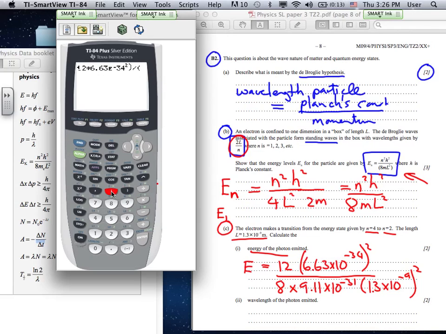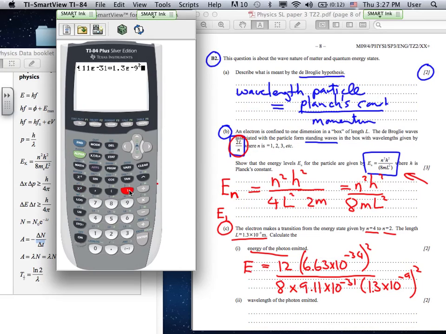So that's going to be 8 times 9.11. Again, I use my exponent button, and I'm going to get negative 31, times my 1.3 exponent negative 9 squared.